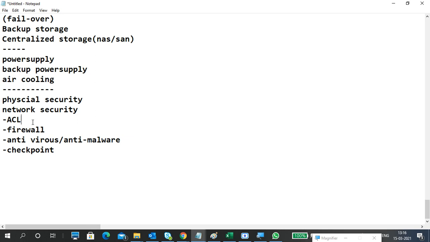You have to secure your system with this kind of stuff. Protect your system with anti-malware. Ransomware has become more dangerous than anything nowadays. Not only at organization level, normal systems are also getting hit. Checkpoint servers also work like firewalls.